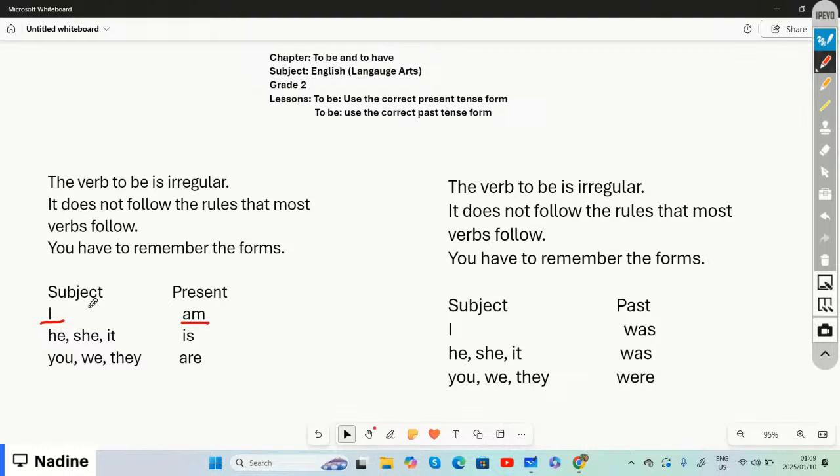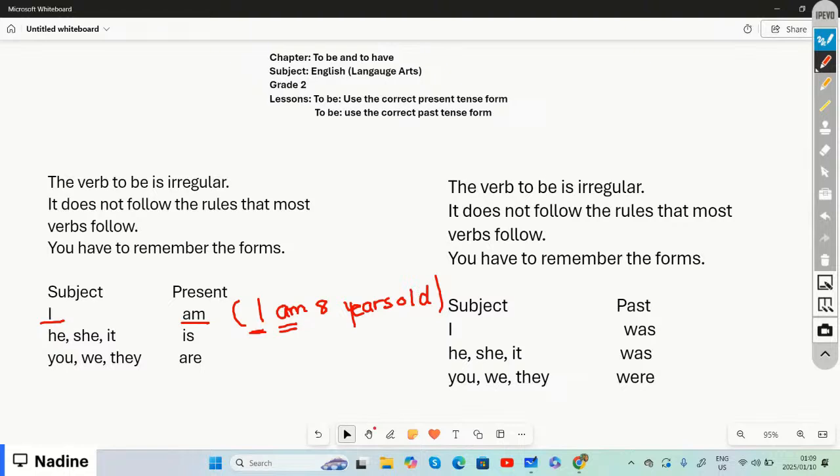So here with the subject, if we were to create a sentence, it's like saying I am, let's say, 8 years old. So here we use the subject I with the verb am, which means that our subject matches with our present tense verb.